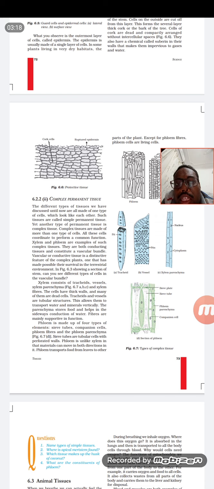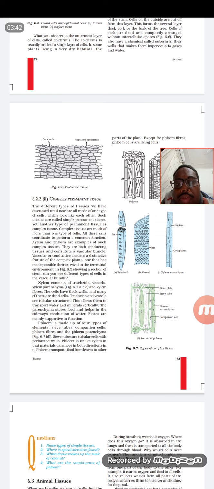And if you see the phloem, it is made up of four types: sieve tube, companion cells, phloem fibers, and phloem parenchyma. Sieve means something we use to separate dirt from the sand at a construction site.